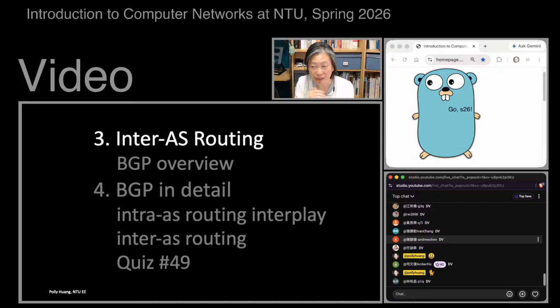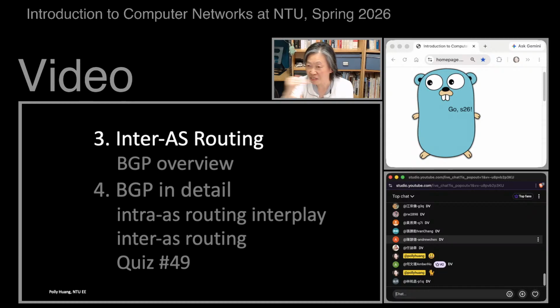So think about deciding what is the best path. In BGP, we often just say a good path instead of the shortest AS path. But you might hear Polly saying shortest AS path in the video, especially in the introduction. Let me try to correct Polly myself. Let's take the best path, the good path.